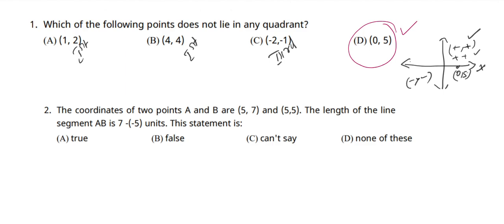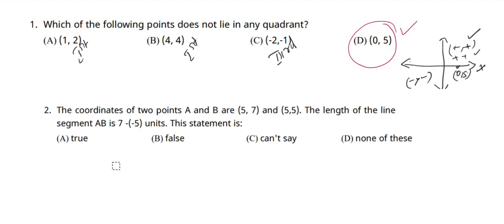Next question. The coordinates of points A and B are (5, 7) and (5, 5). The length of the line segment AB is 7 minus 5 units. This statement is true, false, can't say, or none of these. For this, we can use the distance formula, the distance between two coordinate points.